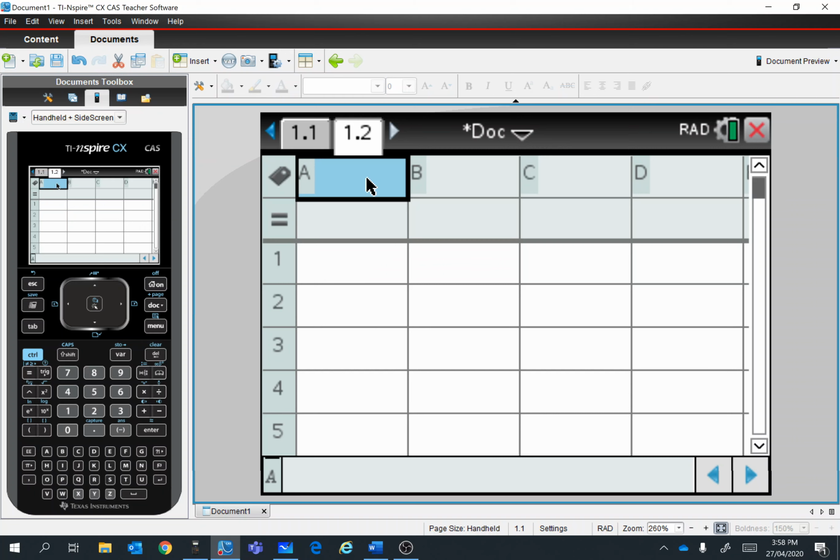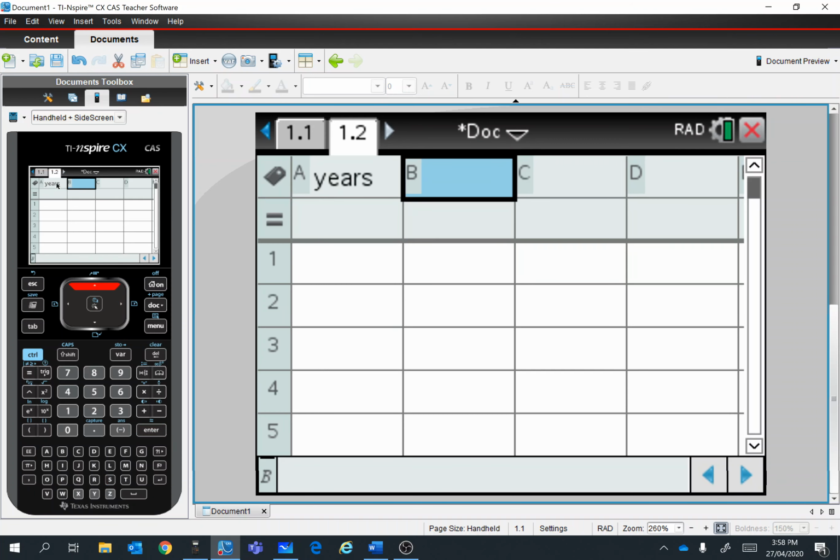Now I'm going to put some headings here. We've got years in column 1 and cars in column 2. You don't need to necessarily use the full word there. You could just use Y and C or something that you'll remember.